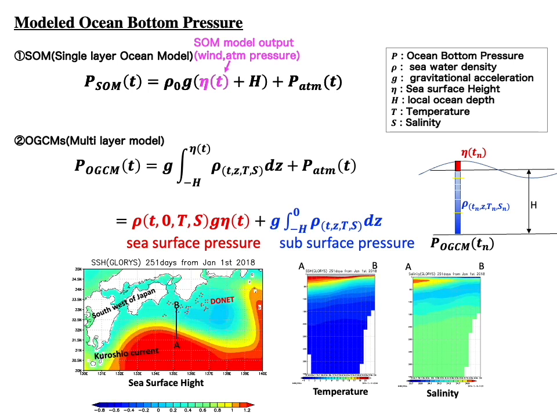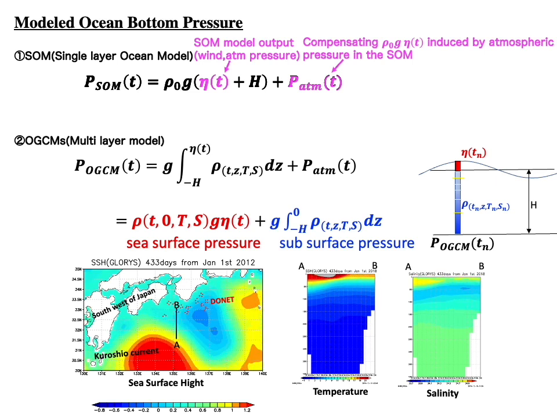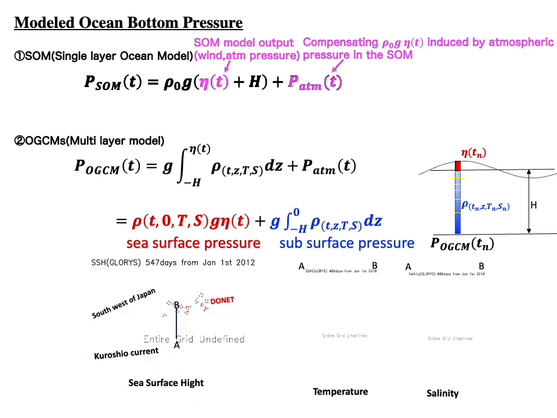So actual OBP at local site is given by pressure due to sea surface height anomaly plus atmospheric pressure loading on sea surface. If inverted barometer response is completely realized, ocean bottom pressure fluctuation by atmospheric pressure loading is completely compensated by adding P_atm in this process, but there is a gap. So the NIB, non-IB component affects ocean bottom pressure fluctuation in the SOM model.